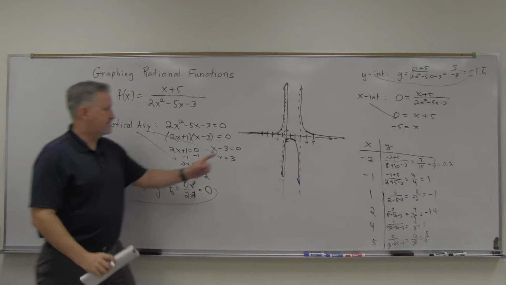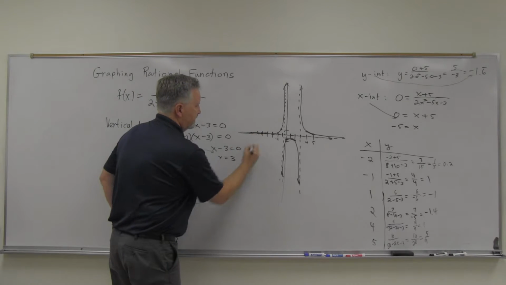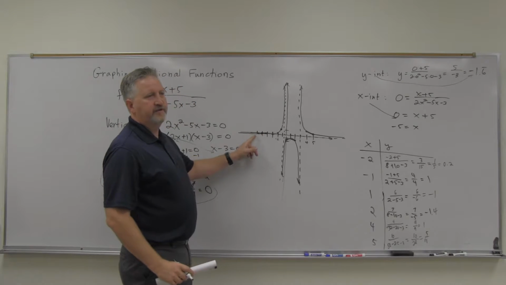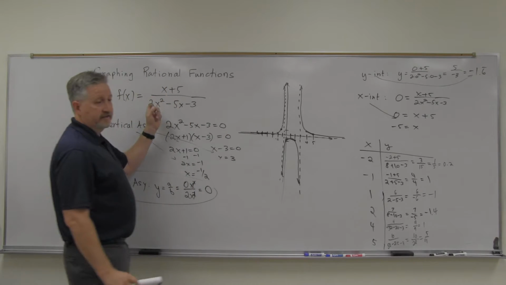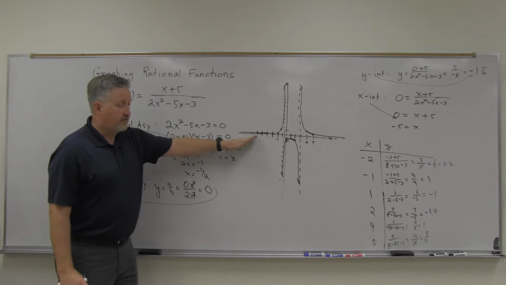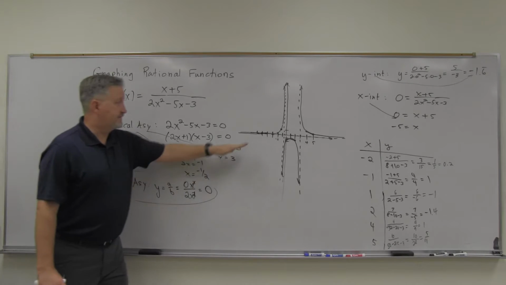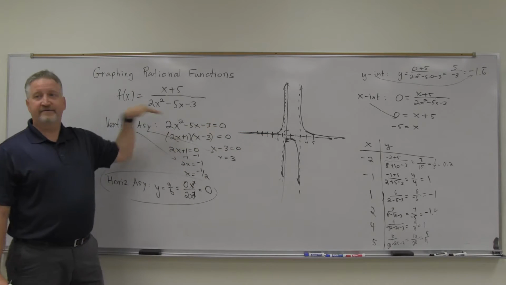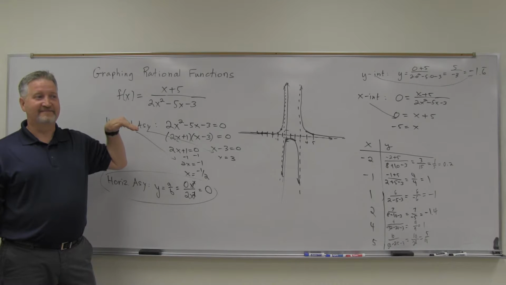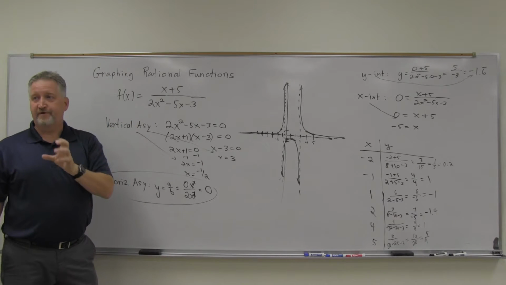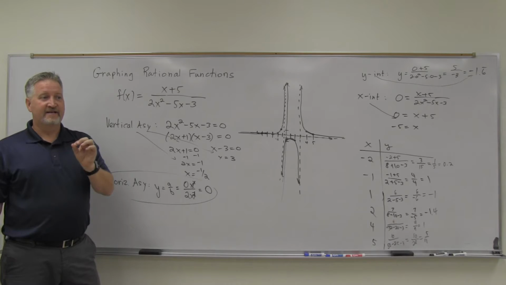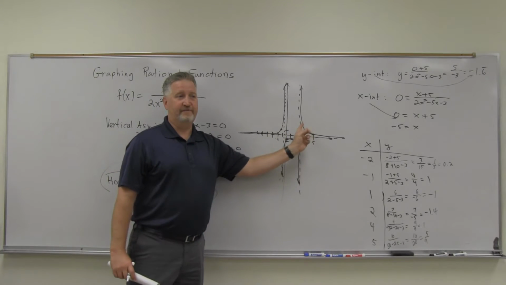And if you wanted to see, I mean, we could check your negative 6 point. It's going to be negative if you plug it in. So it does cross there. But it levels off at 0, so it just kind of hangs out, levels off at 0. Which brings up a point. We cannot cross a vertical asymptote, right?